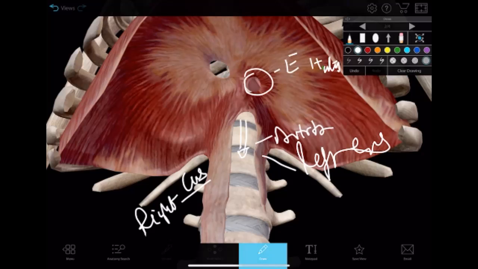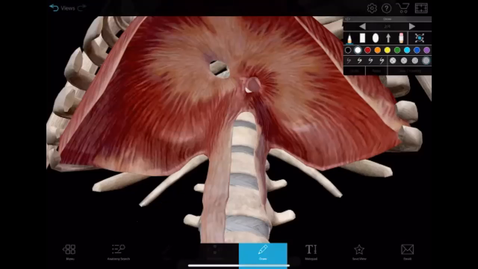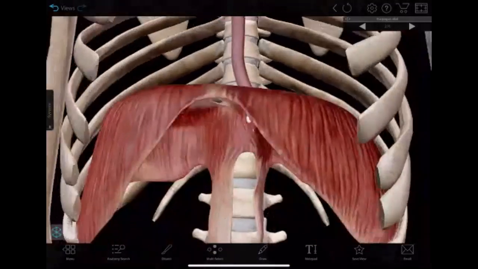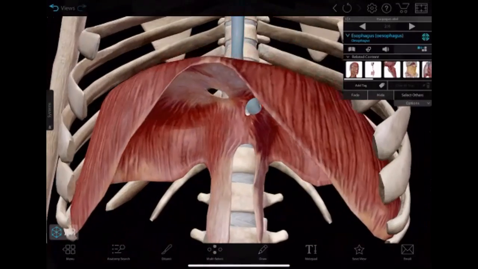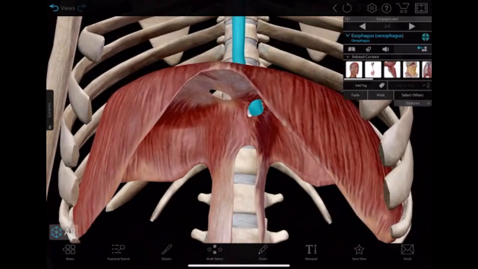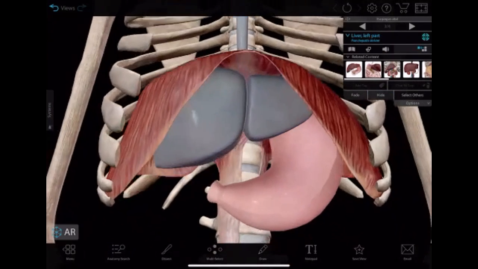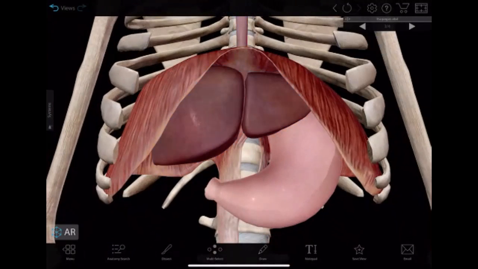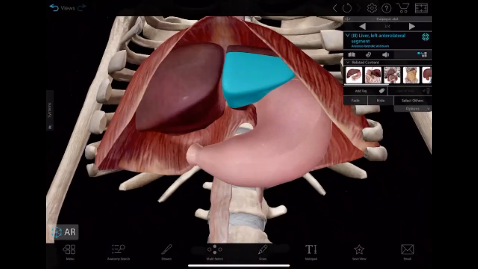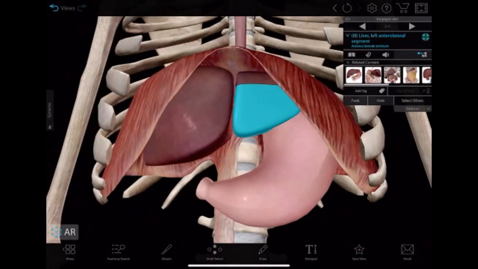And also I'll clear the diagram. So you see, only that part of the esophagus is the abdominal part. This is the left lobe of the liver, so we'll hide that.